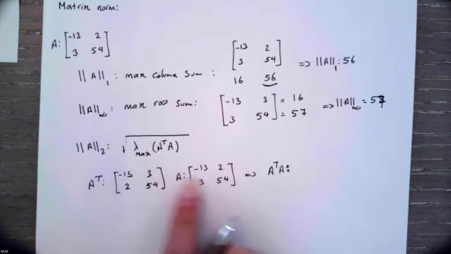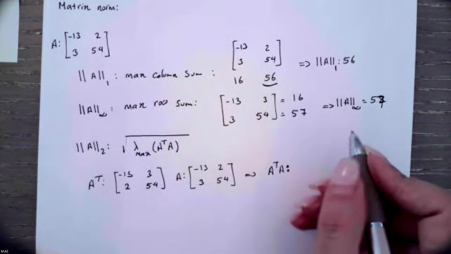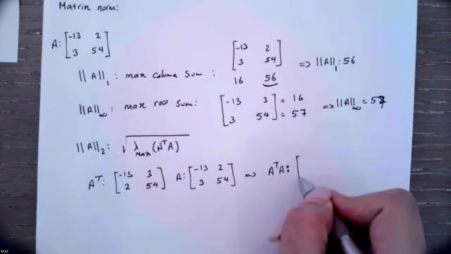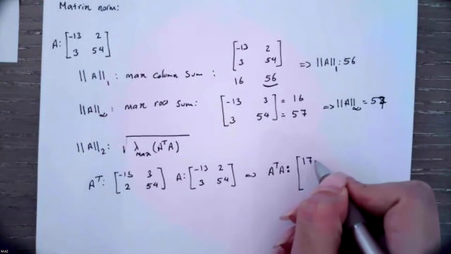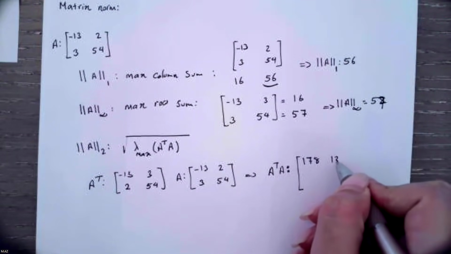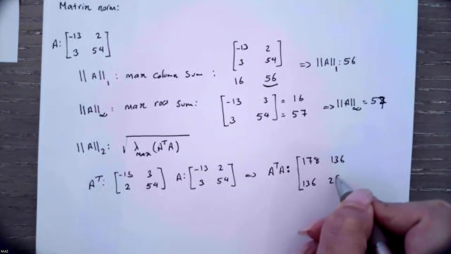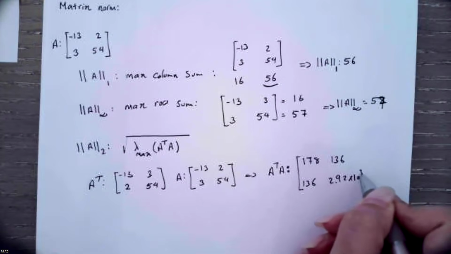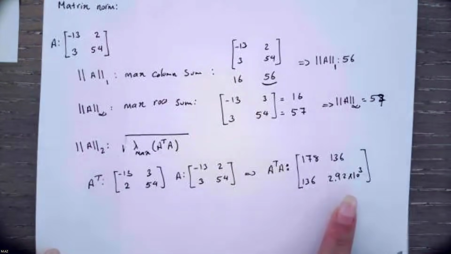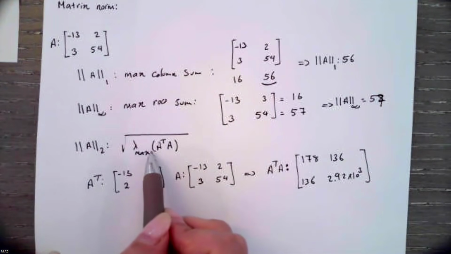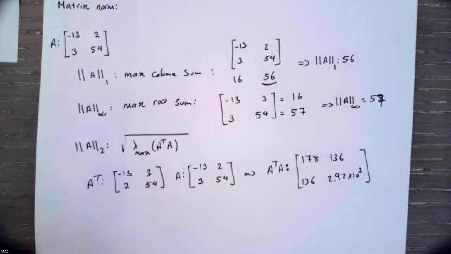Once we multiply these two matrices in this sequence, the value of A transpose times A will be 178, 136. The next step is to find the maximum eigenvalue of this matrix.